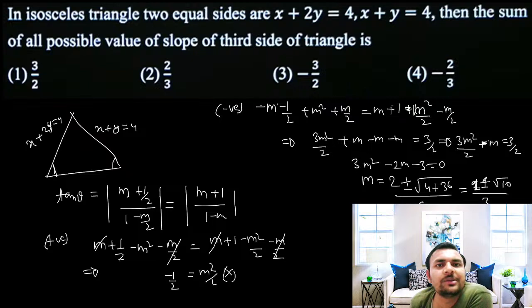So all the possible slopes of the third side of the triangle are these values of m. The sum of all possible is 1 by 3, so the plus minus will get cancelled, 1 by 3 plus 1 by 3, 2 by 3. Got it?